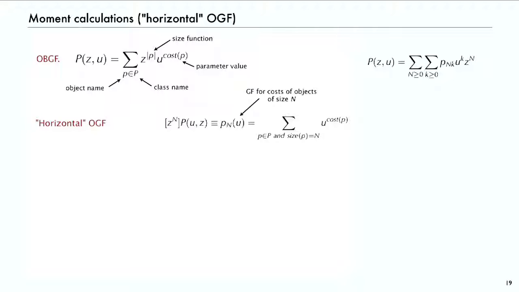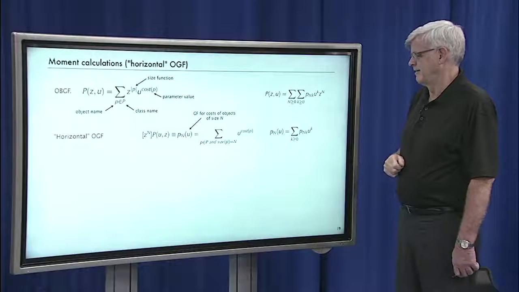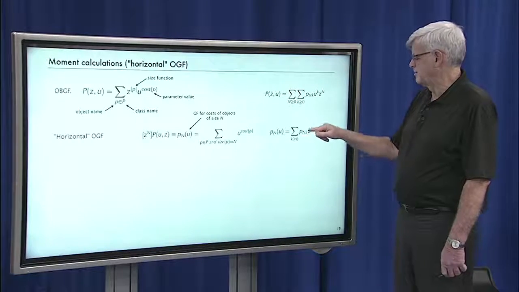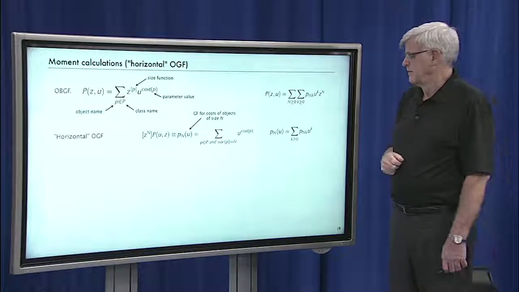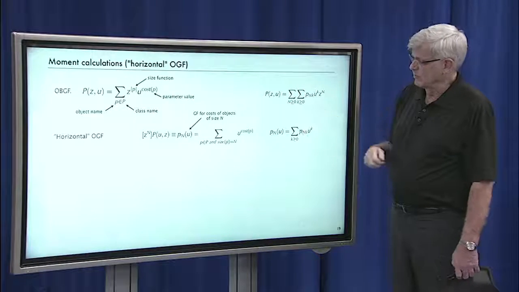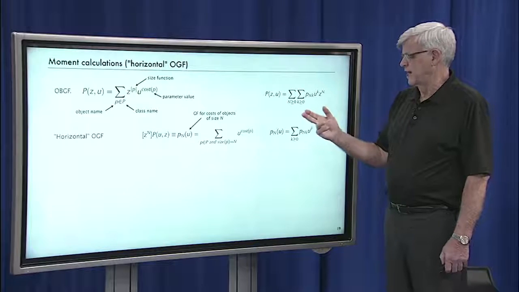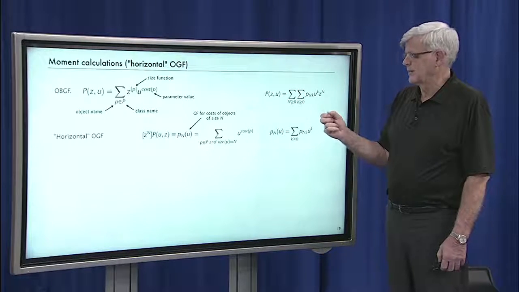And it's just the sum over all objects that are of size n, u to the cost of that object. And again, the cheat sheet over here in terms of p n k, that's the sum on k, p n k, u to the k. So it's the generating function for costs. And so that's only got one variable.